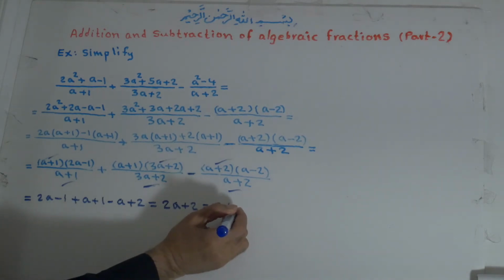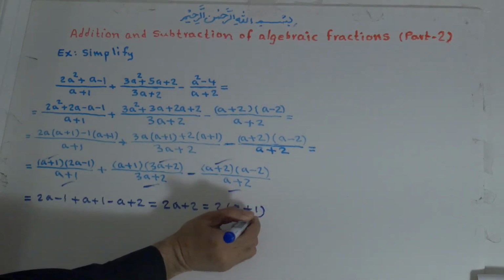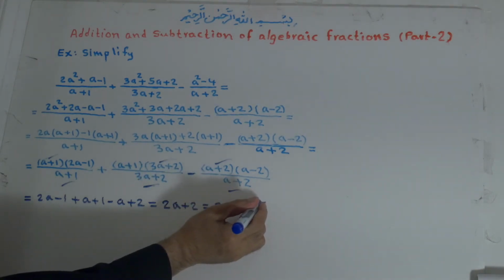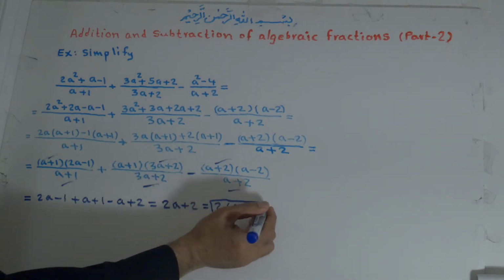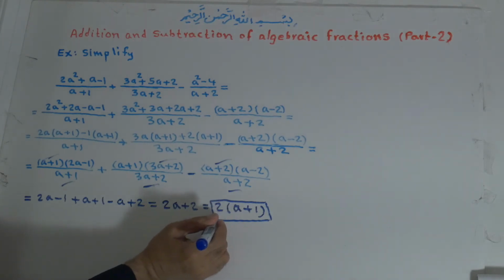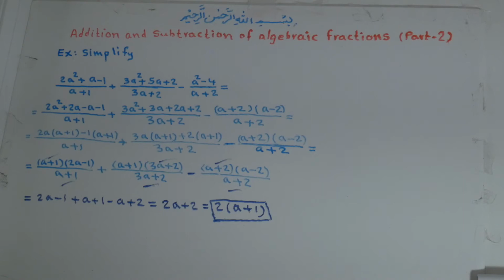A, and 2 divided by 2 is 1. A plus 1. 2 times (a + 1). This is the answer for this problem: 2(a + 1).